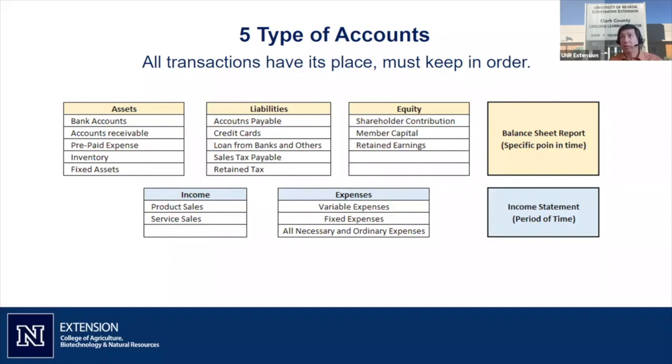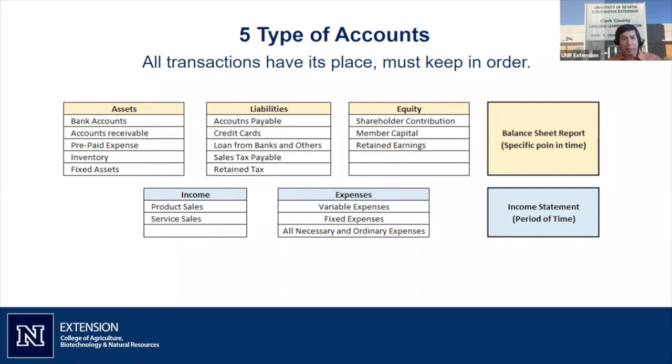Liabilities: accounts payable, credit cards, loans from banks and others, sales tax payable, for example. Equity: shareholders contributions, members capital, if you have an LLC, it will just change the name, and retained earnings.